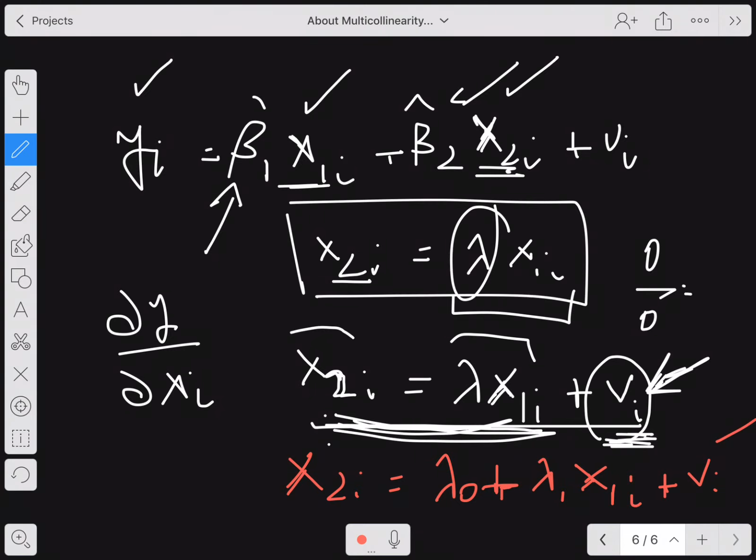So I can have an error term and I can have an intercept, but let me just remove the intercept for simplicity, because the main message is coming from the error term. The presence of the error term dilutes this perfect collinearity, or multicollinearity, between x1i and x2i.